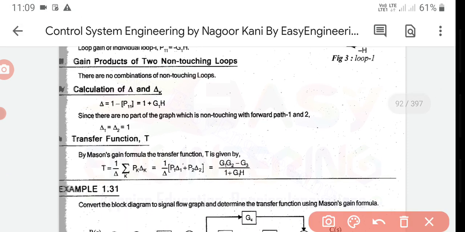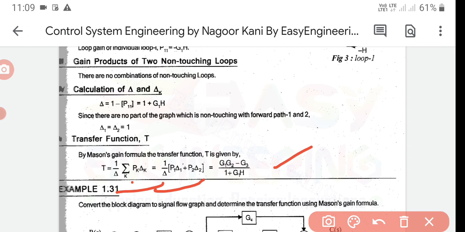T is equal to 1 by delta, sigma over k of Pk into delta k, that is 1 by delta of P1 delta 1 plus P2 delta 2. What is delta? Delta is 1 plus G1 into H.